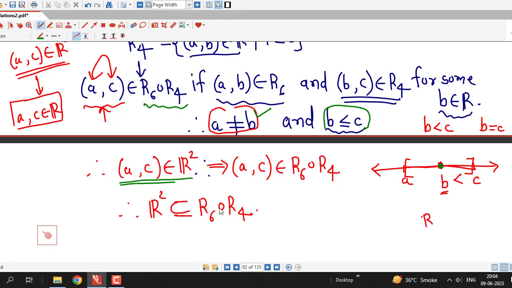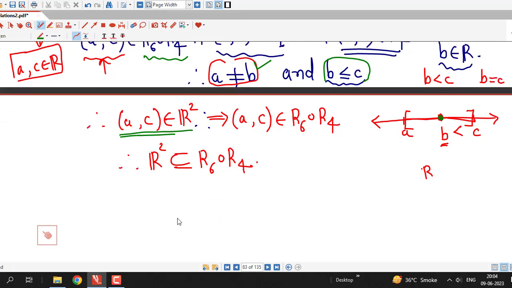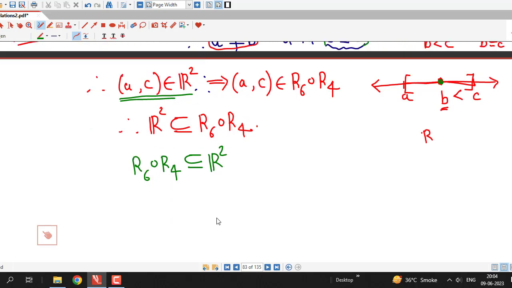Therefore, R2 is a subset of R6 composite R4, and it is clear that R6 composite R4 is a subset of R2 because R4 and R6 are subsets of R2. Therefore, their composition is also a subset of R2.